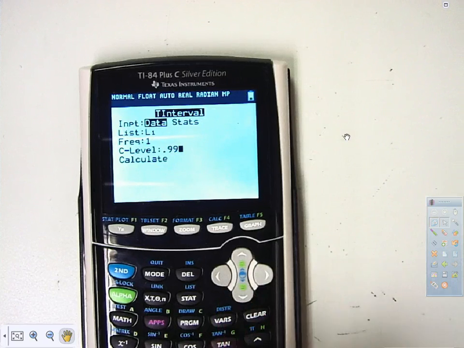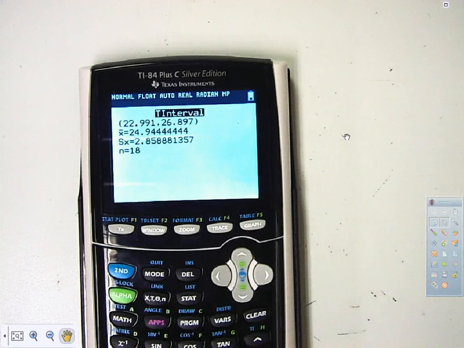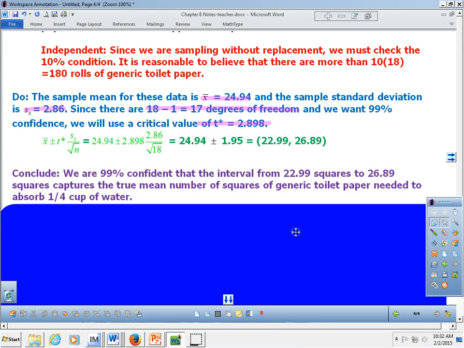We're doing a 99% confidence interval, and so I hit enter, it thinks for a second, and then it pops out the mean, it pops out the standard deviation for me, and it pops out the interval, okay? And so it's all right there, 22.99 to 26.89. At which point I'm ready to conclude.